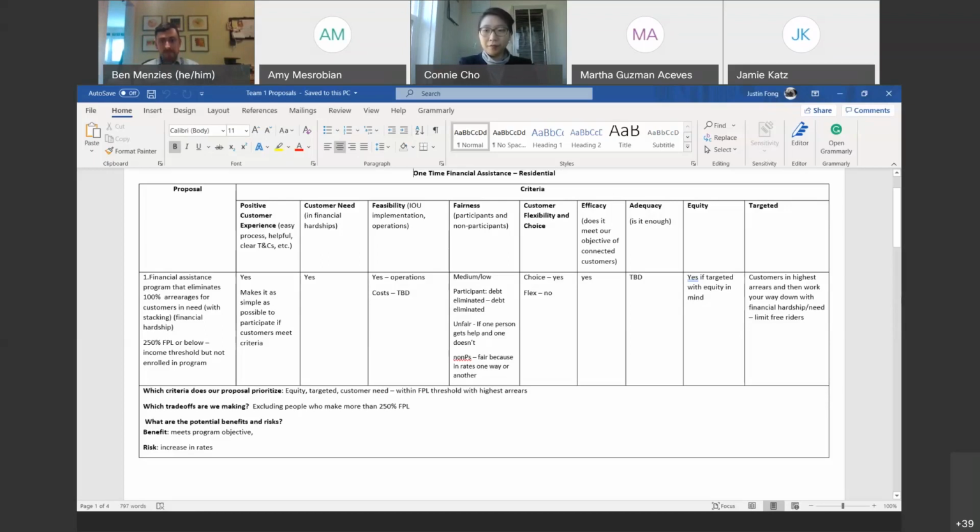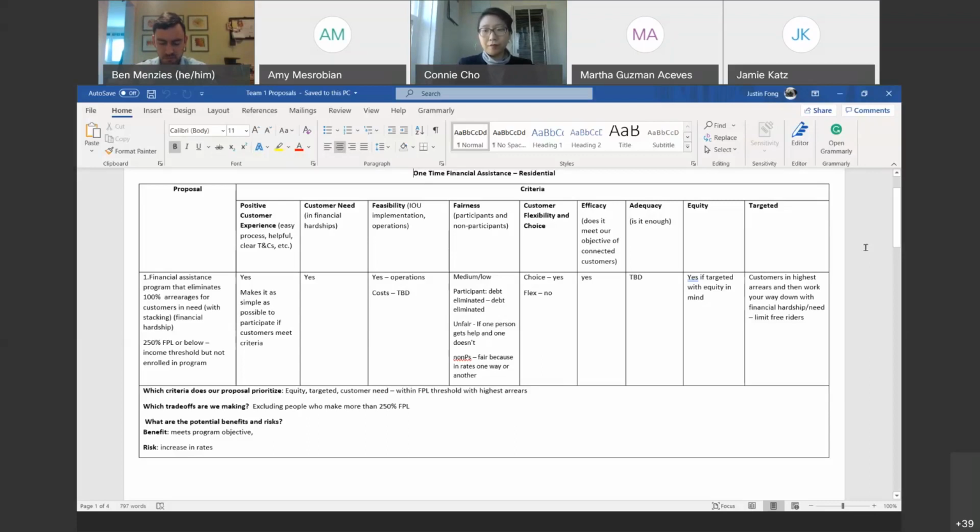We determined that this proposal prioritizes equity, it's targeted, and it's focused on customer need, particularly for those who meet the income threshold. Of course, the trade-off is that it would exclude customers above this income threshold. And in terms of benefits and risks, we raised that it had the risk of potentially raising rates.